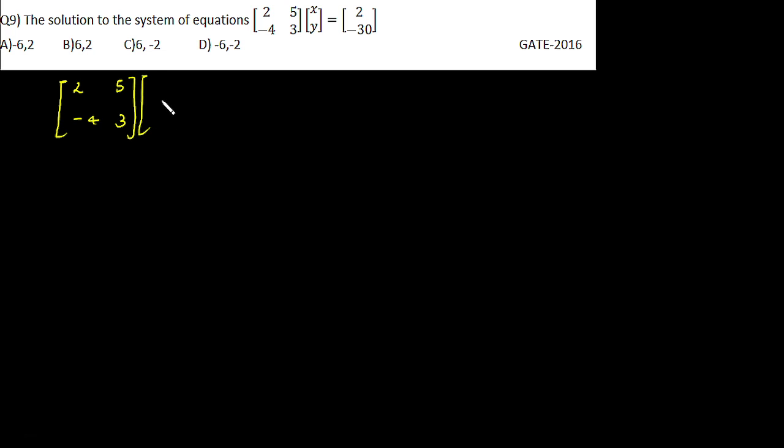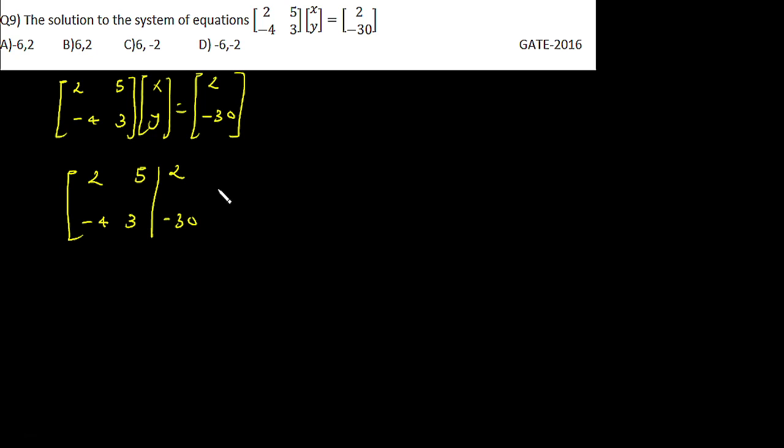Now write this vector x and y. On the right hand side we have to write 2 and minus 30. Okay, so let's form the augmented matrix: 2, 5, 2, minus 4, 3, minus 30.